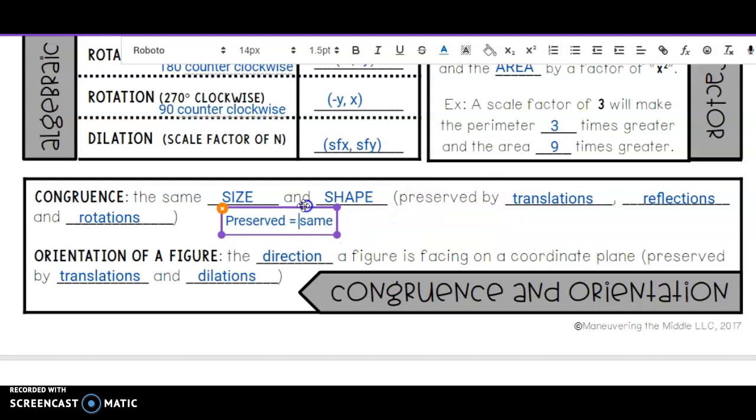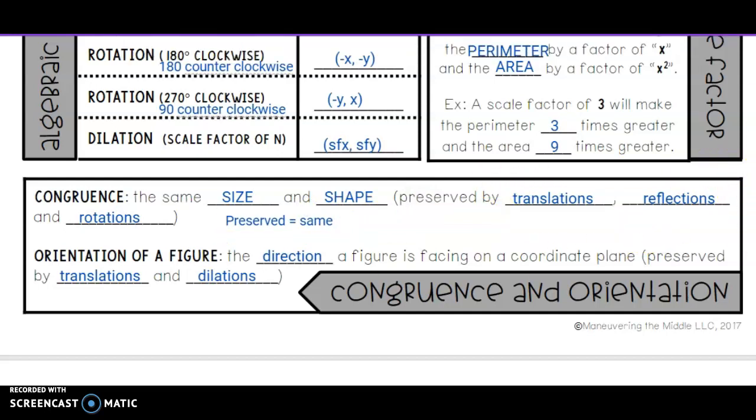It stays the same. So with translations, reflections, and rotations, the size and the shape of the figure stay the same. They are preserved. But with dilations, they change. Okay, the shape stays the same, but the size is enlarged or reduced.